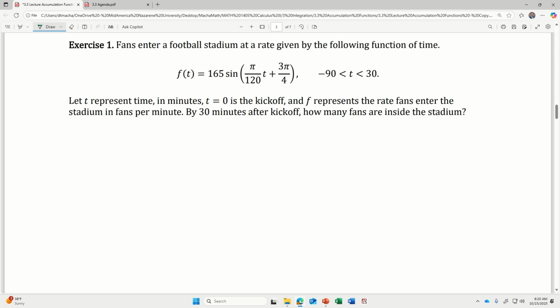All right, fans enter a football stadium at a rate given by the following function of time. This is the rate of change of the number of fans in the stadium.